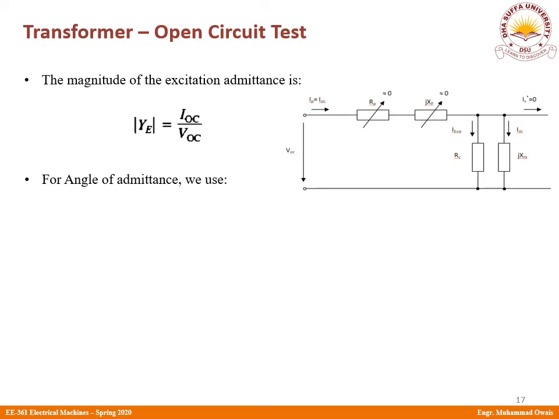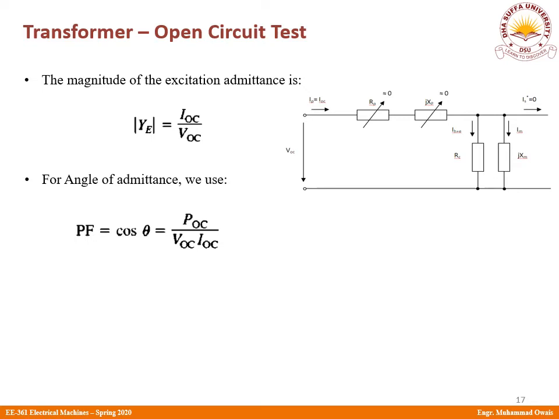Okay, now what about the angle of admittance? This angle of admittance can be found from the knowledge of the circuit power factor. And the open circuit power factor is simply given by this relationship for power factor, cos of theta.